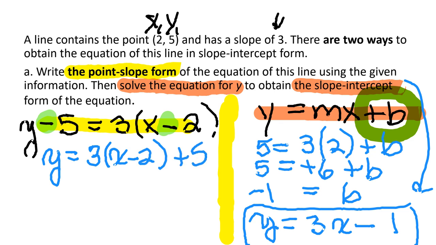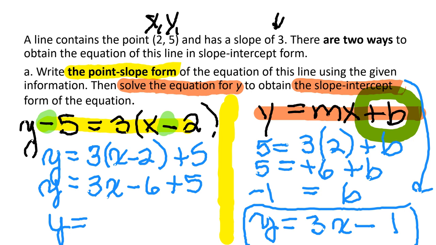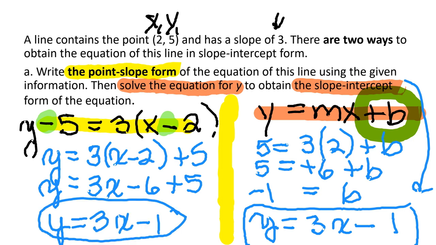Distribute 3x minus 6 plus 5. Notice what I get. Y is equal to 3x minus 1. Notice that these two are the same.